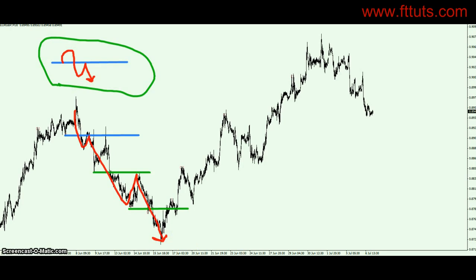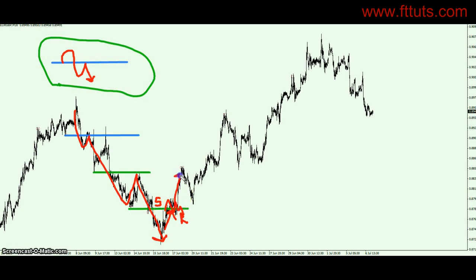Again, if we're looking at this down wave, one of the first indications that we would have had that this structure is about to change is when price returned to retest the old support level. What should have happened here was that support should have turned into resistance. It didn't. Instead we had a consolidation around that level.